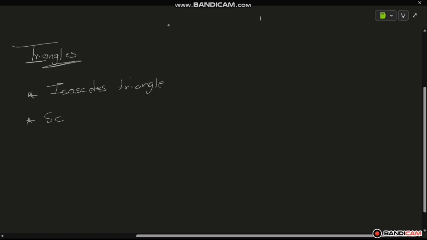One of the types of triangles is a scalene triangle. We have an equilateral triangle, where equi comes from the word equal. Then we have a right angled triangle.